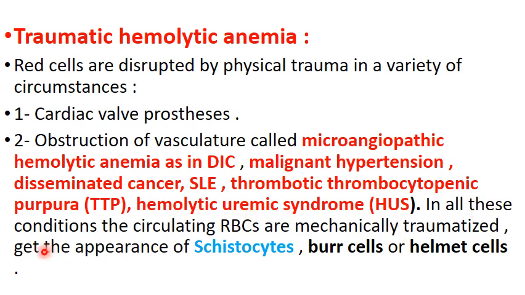All these cases might lead to destruction or traumatizing of the circulating red blood cells, which results in the appearance of red blood cells that look like schistocytes, Burr cells, or helmet cells.